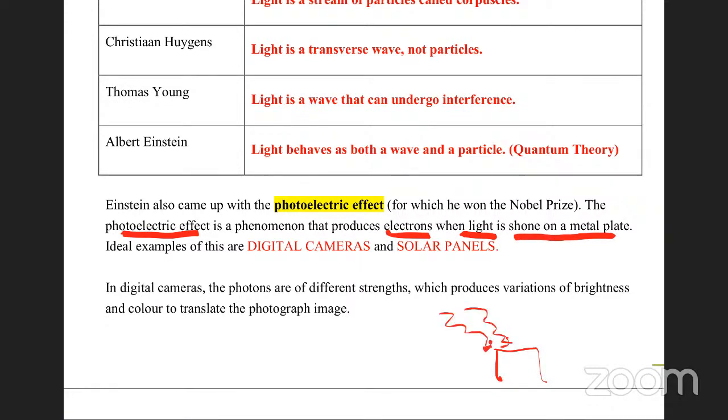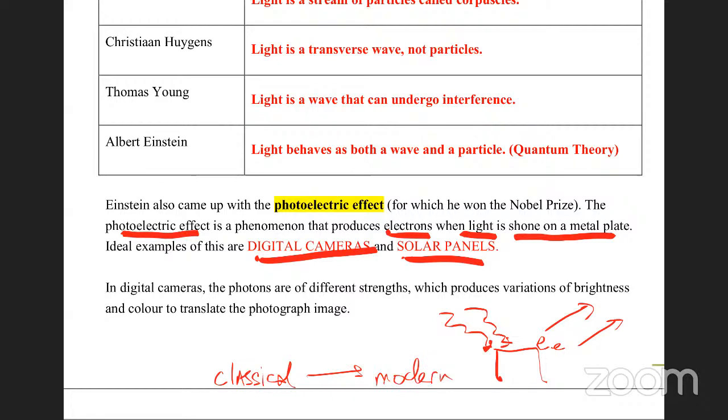When the light hit the metal surface, electrons left and moved away, right? Ideal examples of these are digital cameras and solar panels. This one experiment converted classical physics into what you study now called modern physics.